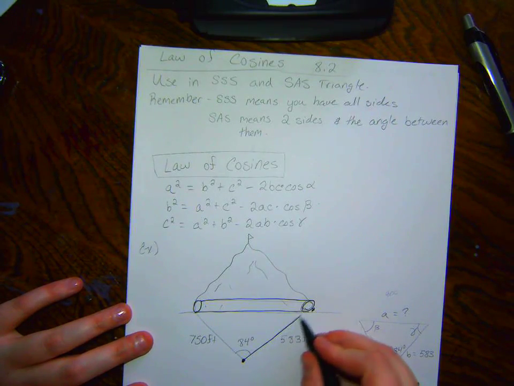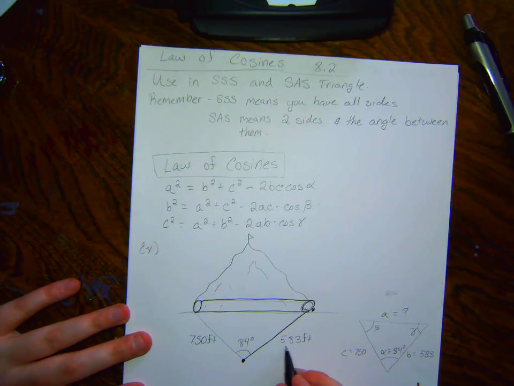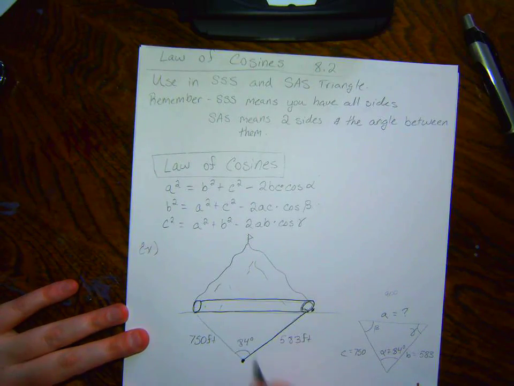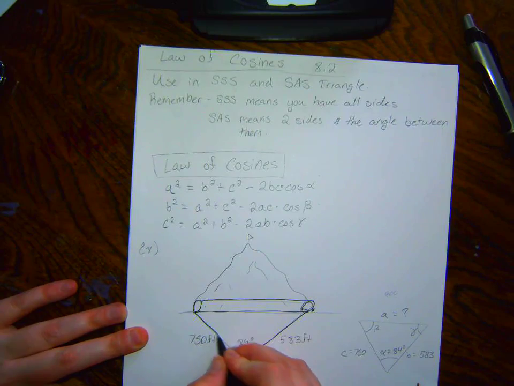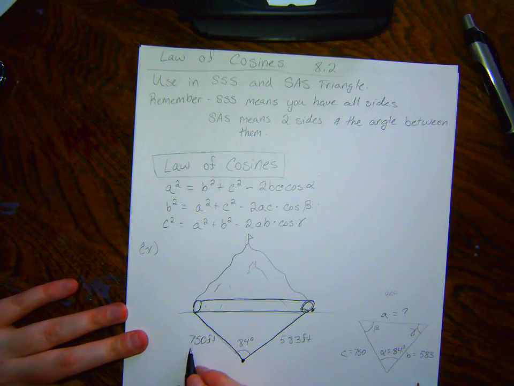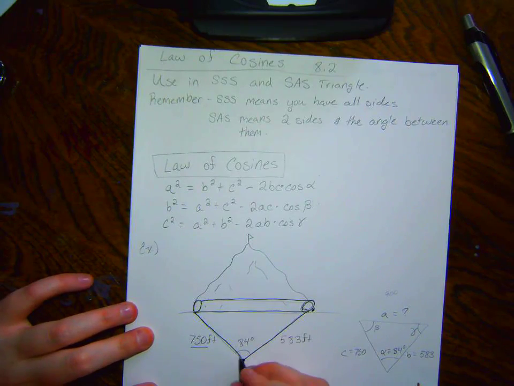That gave me 583 feet. Then I would measure from where I wanted my tunnel to end to my starting point, and that gave me 750 feet. Then I measure the angle between the two, and that gave me 84 degrees.